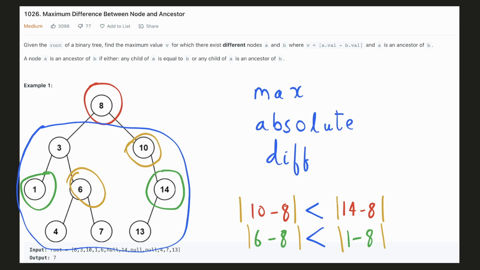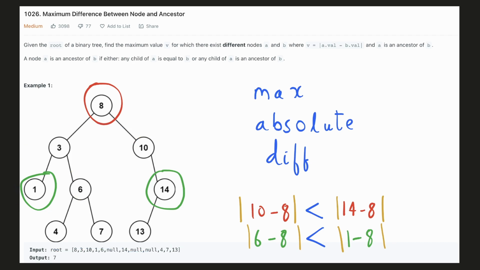If this part is a little unclear to you, you can plot the values of the ancestor node and all the values in its subtree on a number line, and you will notice that this property holds true. So we are only interested in two values from the subtree, the minimum and its maximum.